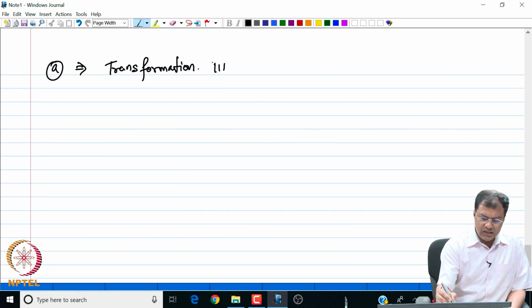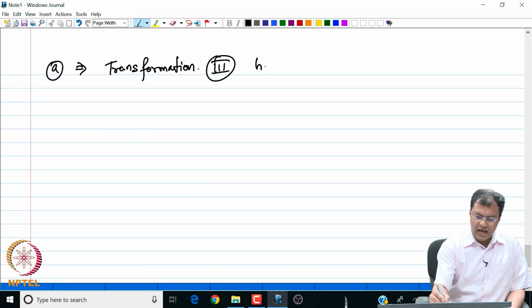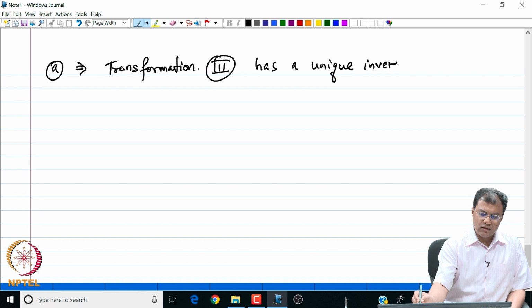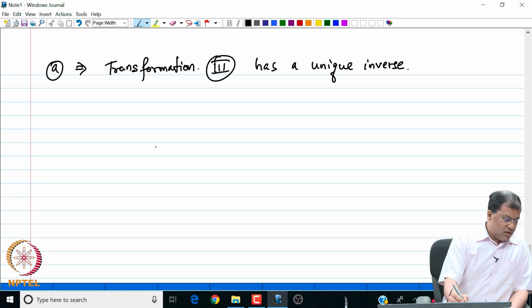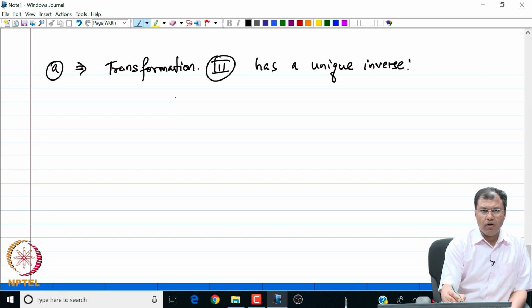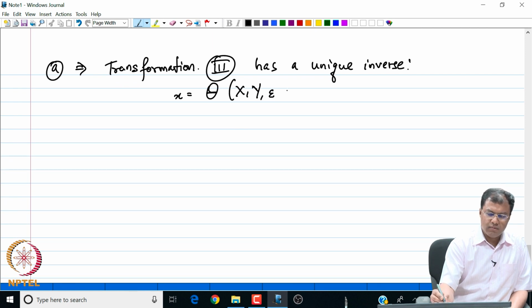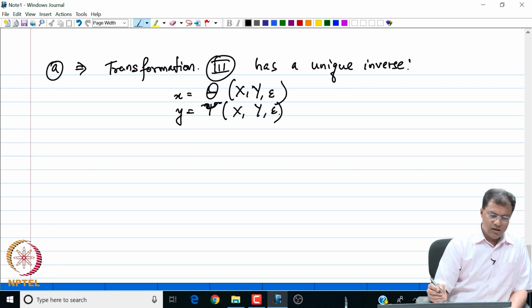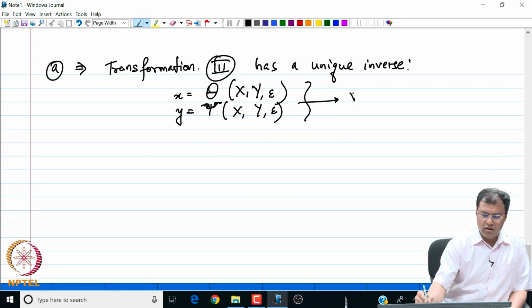So, the transformation 3 has a unique inverse, which means that once we are given capital X, Y in the form of small x, y, we can also write small x, y in the form of capital X, Y. So, x is equal to capital theta of X, Y, epsilon, and y is equal to small psi of X, Y, epsilon. Let me call this relation 4.